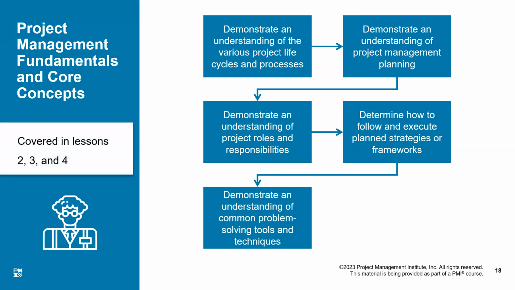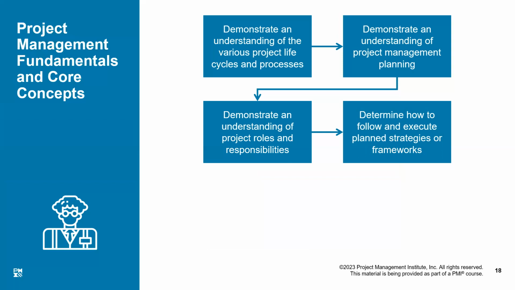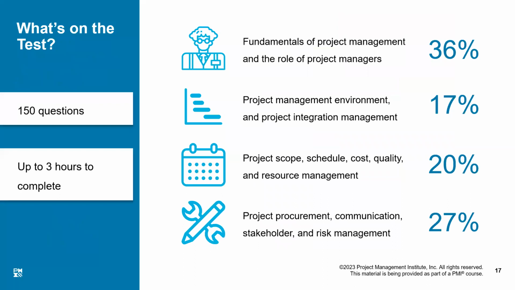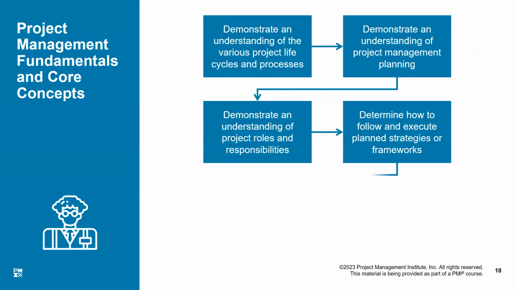All these are covered in lessons 2, 3, and 4. So these are the areas that you master for you to cover the fundamental concepts domain in the exam. Lessons 2, 3, and 4. So if you master lessons 2, 3, and 4 very well, you have 37%. Is it 36%? 36% straight out of the exam.